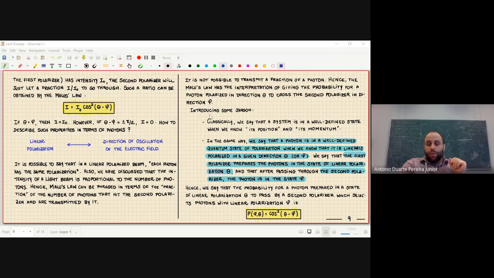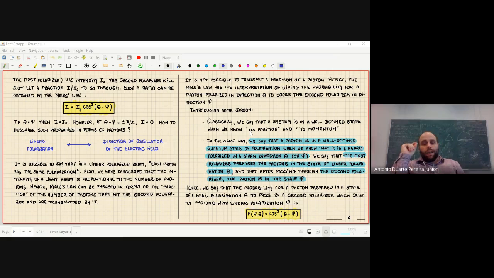Now I will introduce some important terminology that will be used all the time in quantum mechanics. At the classical level, we say that a system is in a well-defined state when we know the position of all elements of the system and the momentum of all elements of the system. The simplest system you can think about is a particle.